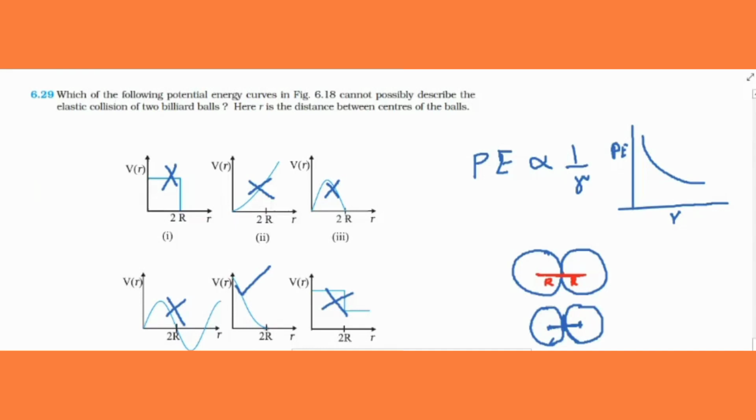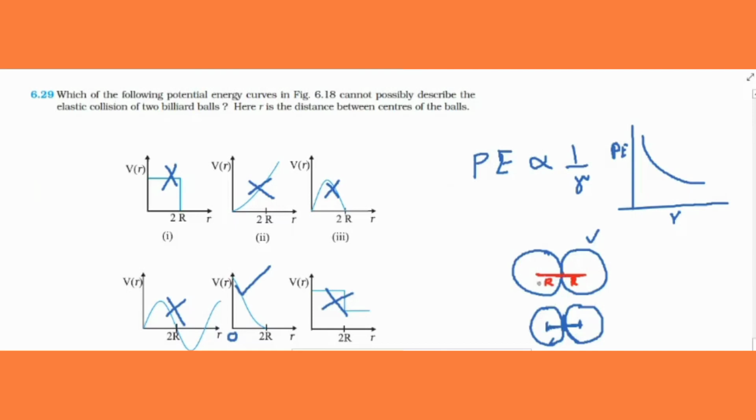So that is why here you can see in this graph, when the distance is less than 2r, potential energy increases. And when the distance is 0, that means these 2 centers coincide, the potential energy is maximum. Then up to 2r, there is no deformation. Potential energy is 0.